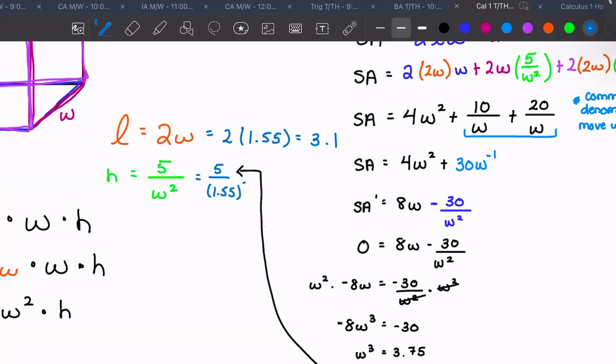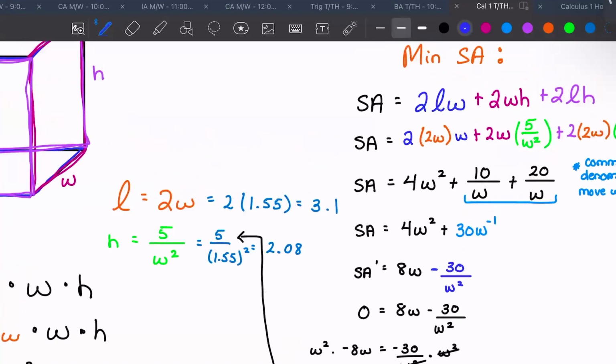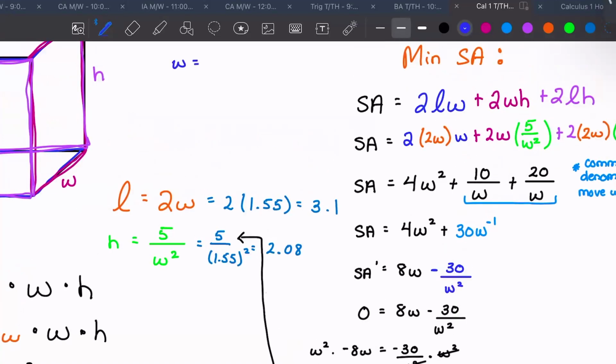I'm going to square it. That gives me 2.08. So if you want to write them all together, your width should be 1.55 meters, your length 3.1 meters, and your height 2.08.